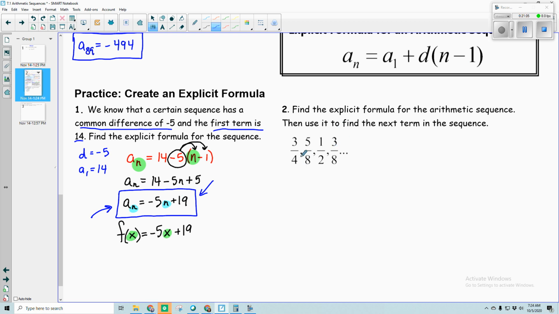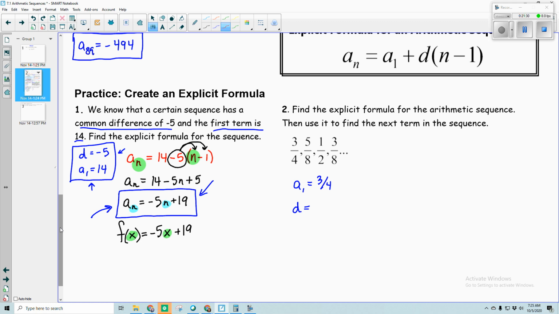Okay, so the first two things I have to find, and that I use to make my explicit formula, are d and a sub 1. Those are the two big things you need to make an explicit formula. A sub 1 is pretty easy, that's just 3/4. For d, what is the pattern here?